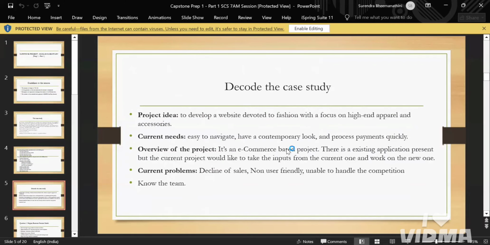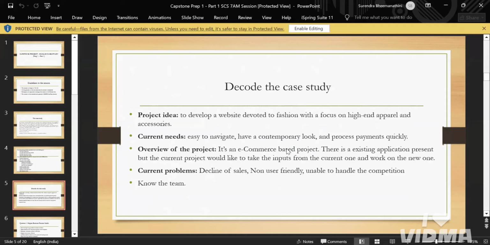For decoding the case study, you need to know about the project idea. Here the project idea is to develop a website devoted to fashion with a focus on high-end apparel and accessories. And what are the current needs?